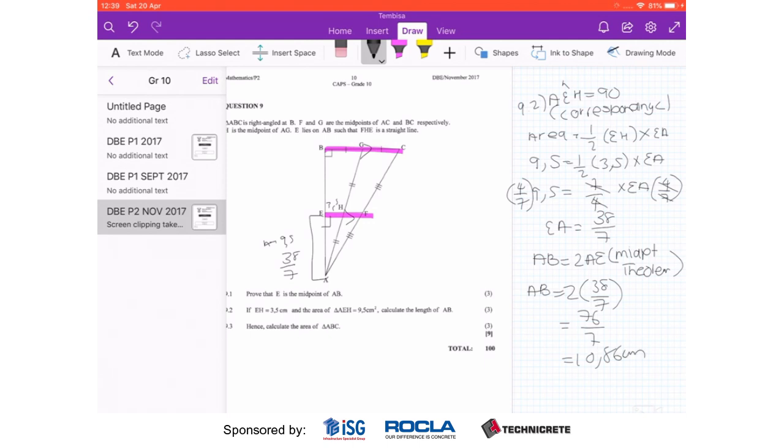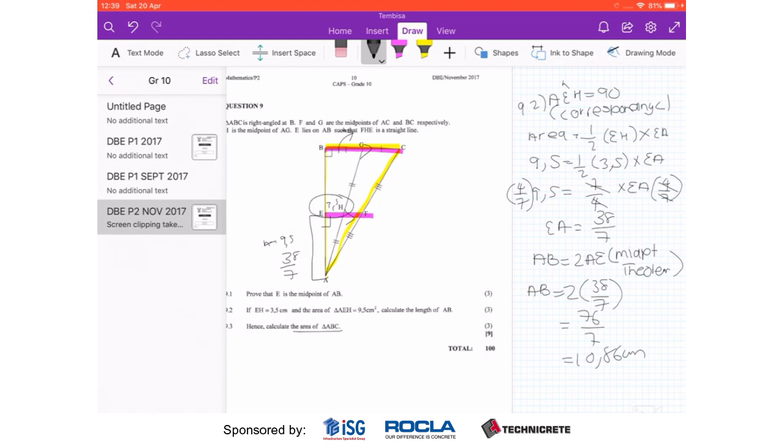Last question says calculate the area of triangle ABC, so the entire triangle. We know the height, and we know we can find BG. Okay, BG and BC from midpoint theorem.